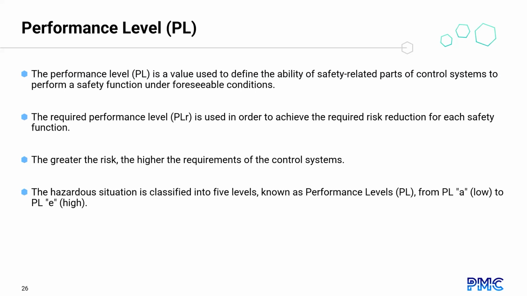So the greater the risk, the greater the requirements of the control systems. The hazardous situation is classified into 5 levels. We have PLa, which is a low risk to the operator, and at the other end we have PLe, which is a very high risk to the operator.